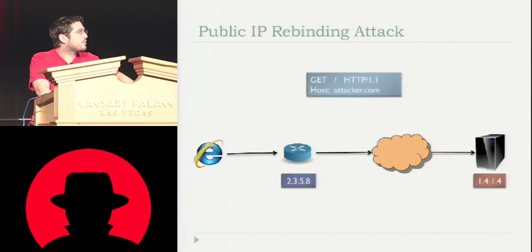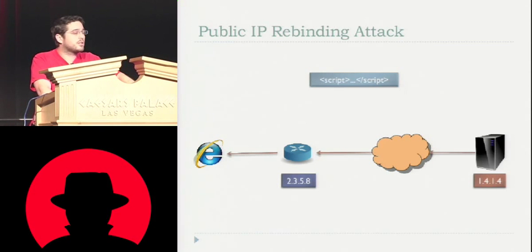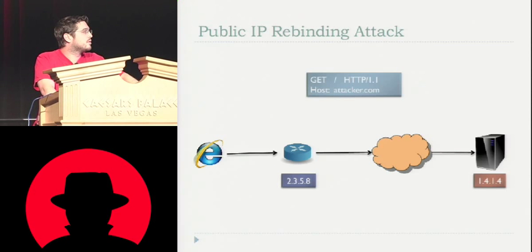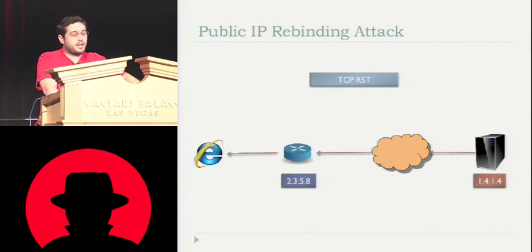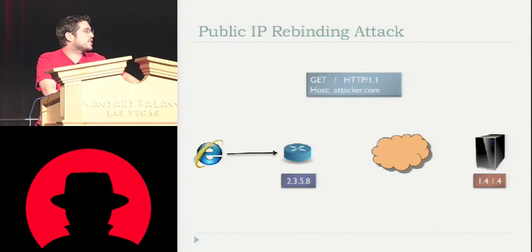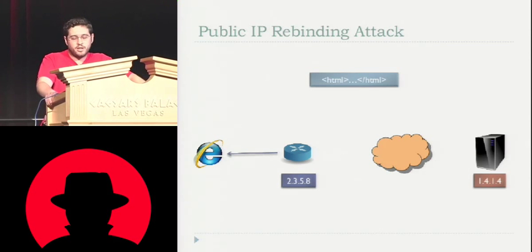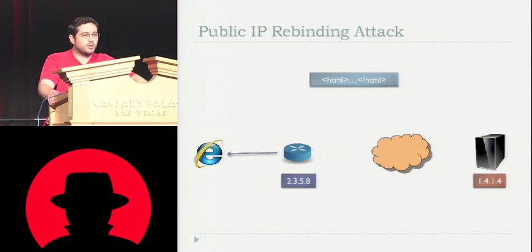Goes out to 1414, gets the attacker's JavaScript. JavaScript initiates connection back to attacker.com. So the browser goes back to 1414 because that's what worked before. But this time, he gets a TCP reset packet back. And so now he immediately switches over to 2358. And now the attacker's JavaScript has full interactive access to the router's internal web interface.